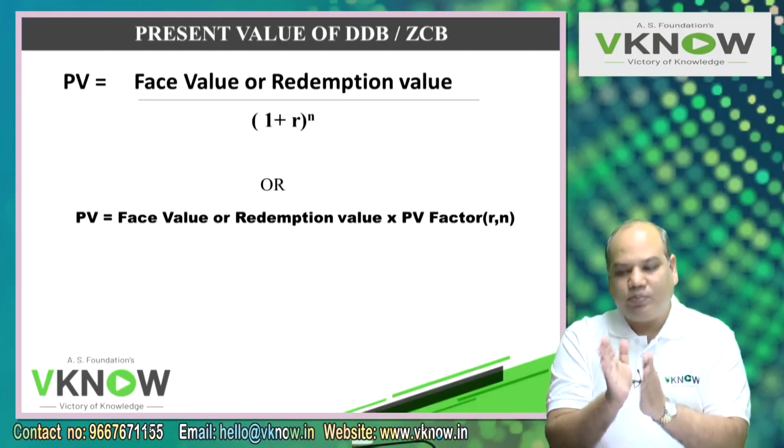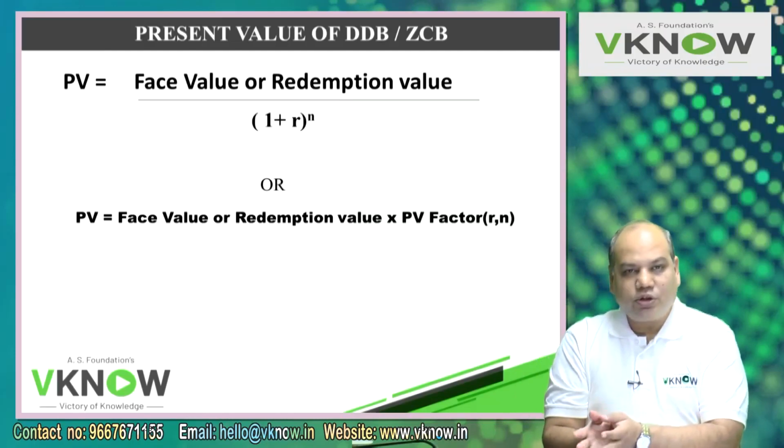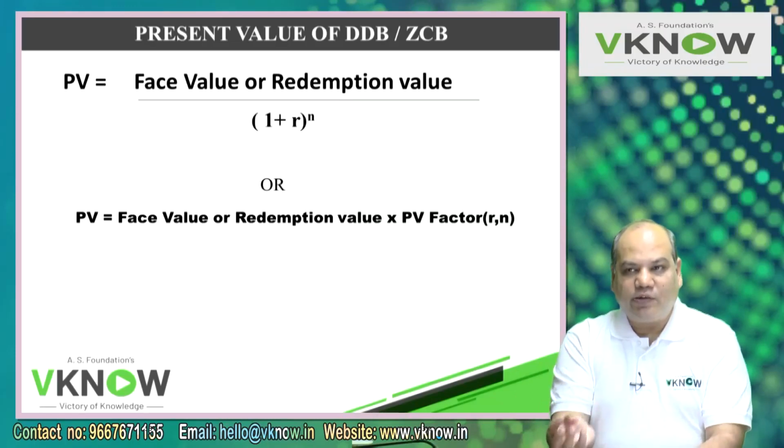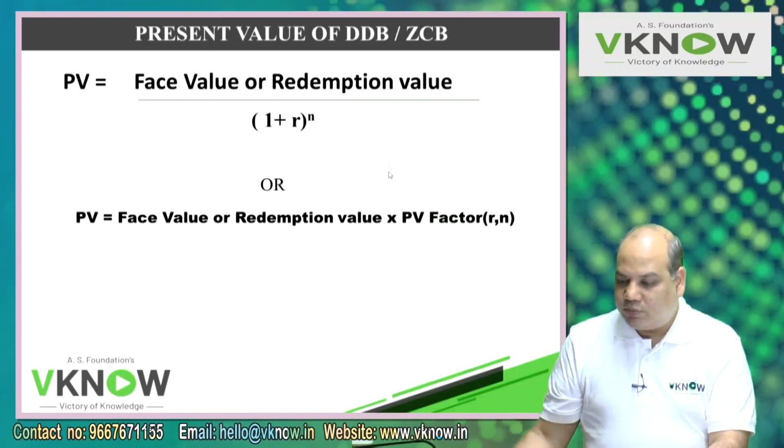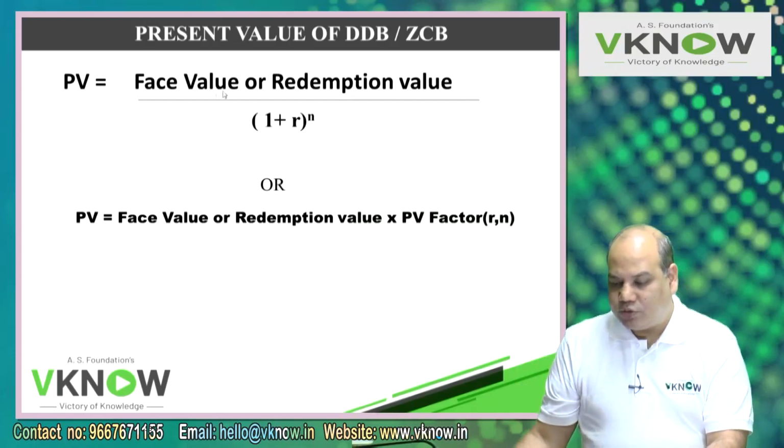So it is the simplest question. You just have to find out the present value of the redemption value. Redemption value can be at par, so then take face value, or if any other amount is given, then take that redemption value, and the formula is nothing but the formula of present value of a single cash flow.